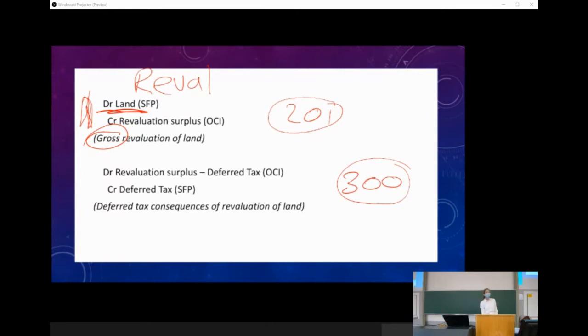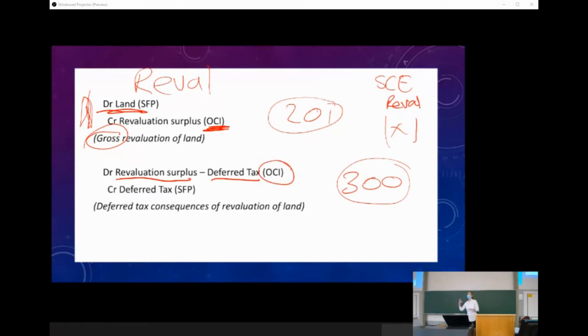We know that this revaluation surplus is sitting in OCI now, but at the end of the year when we do our closing journals, it's going to roll up into our statement of changes in equity, our reval column, and it's going to sit there, the amount net of tax. So now we have to accrue for that tax. So we have another account where we say revaluation surplus, deferred tax, OCI.